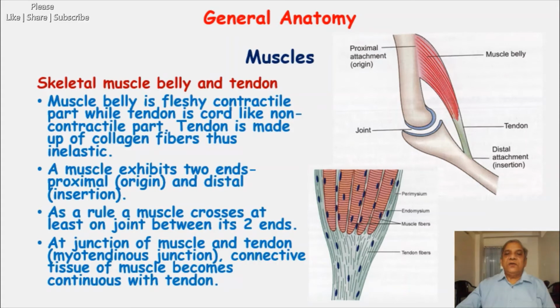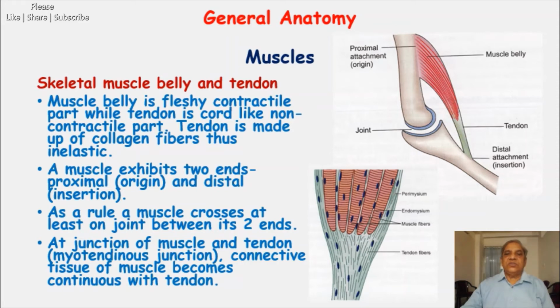That means whatsoever contraction takes place in our muscle is due to the stimulation of this muscle. When the nerve fibers bring the impulse, these muscle fibers contract, and the whole belly contracts. So the belly part is the only contractile part, while the tendon part is made up of collagen fibers. They are connective tissue fibers, and they are non-contractile.